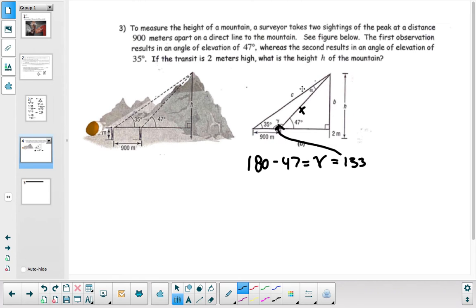Okay. Once we have that, we can use these two angles to get to alpha. So alpha, once you do 180 minus those two angles, should be 12.